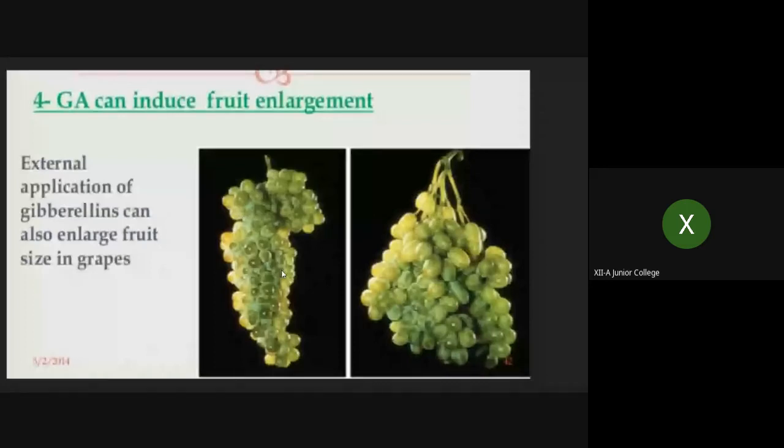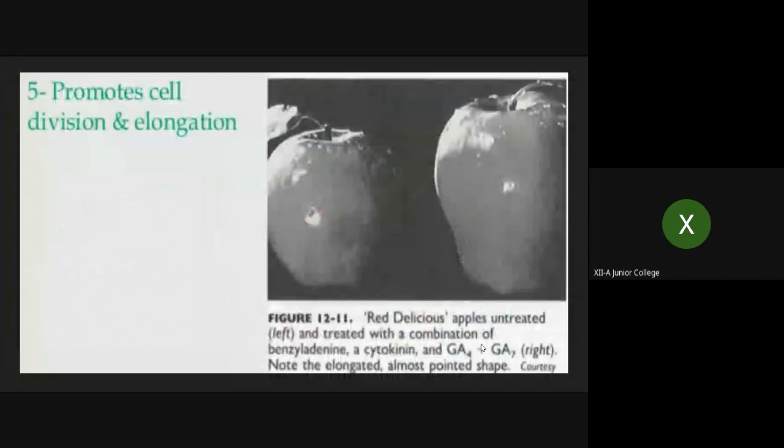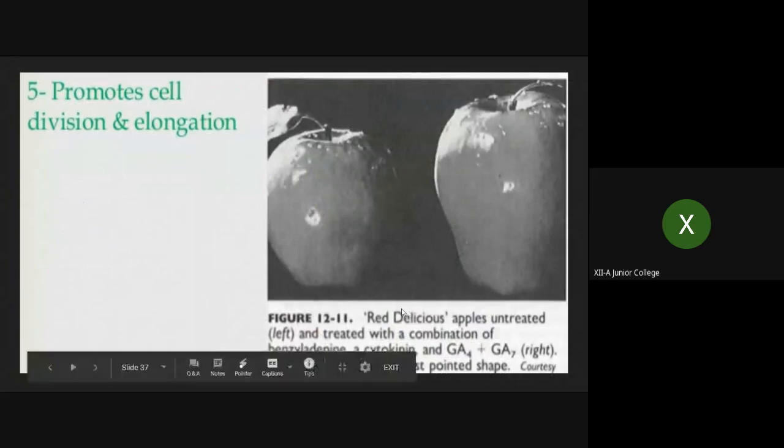So automatically fruits are made larger, and the size of the fruits is increased. The same role, cell division and elongation, is observed in apple by application of gibberellins. The first is the normal one, and after the application you can see a larger size.